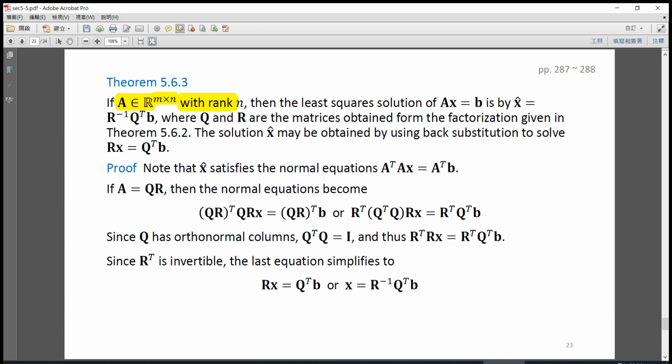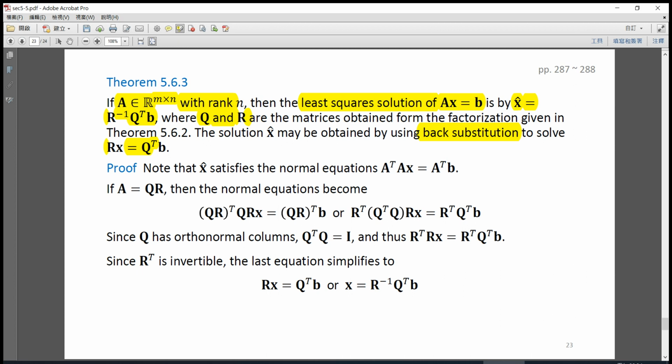Then the least squares solution of Ax equals b is given by x hat equals R inverse times Q transpose b, where QR is the QR factorization of A obtained in the previous theorem. Or we can obtain the least squares solution by using back substitution to solve Rx equals Q transpose b.